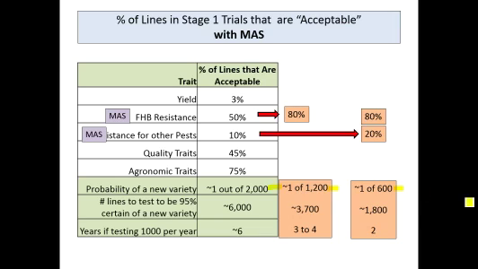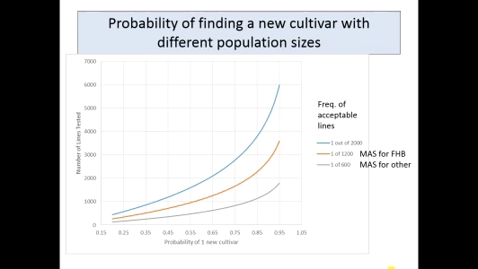If I test 1,800 of them, I would have a 95% chance of finding a new variety, and I could do that in 2 years if I'm testing 1,000 new lines a year. So my efficiency goes up quite dramatically from doing some marker-assisted selection for just a few major genes. And it just shows how this impacts your probability of success with certain breeding sizes.